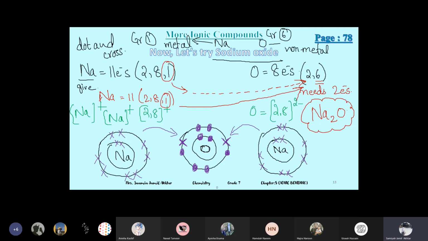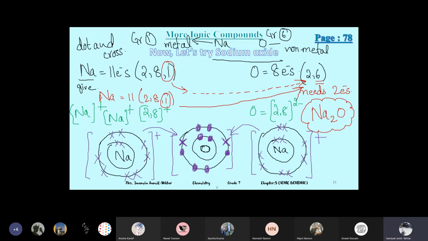Okay, what is missing in this diagram? The brackets and the charges. Very good. Each sodium will get a plus charge because each sodium has given its one electron. Each sodium is giving one.